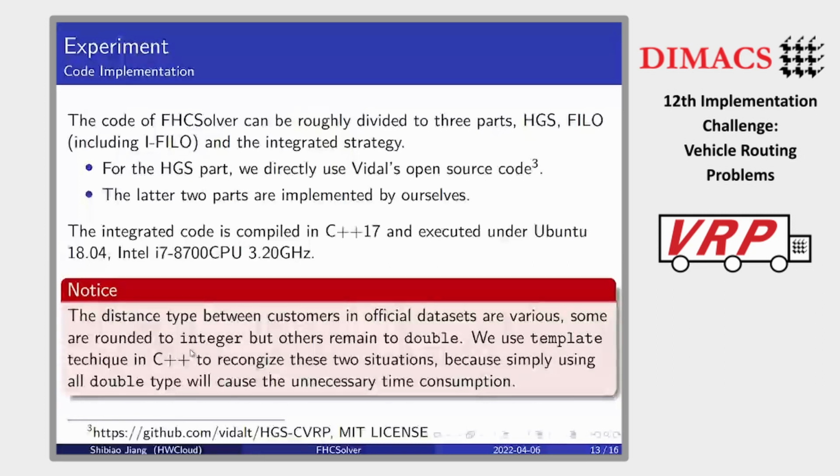And there is a notice. The distance type between customers in the official datasets varies. Some are rounded to integers, and others remain doubles. So, in order to accelerate the code, we use templates to handle these 2 situations separately.